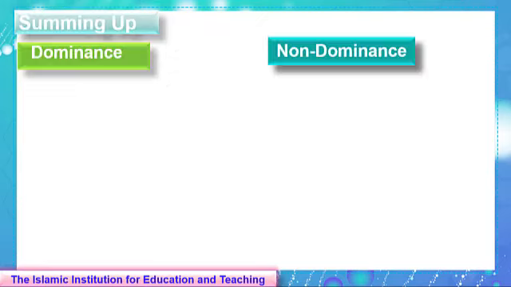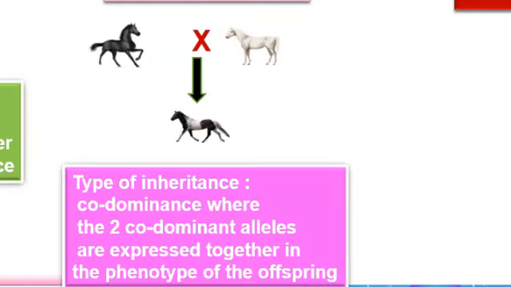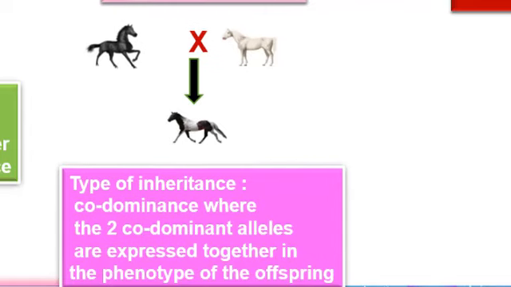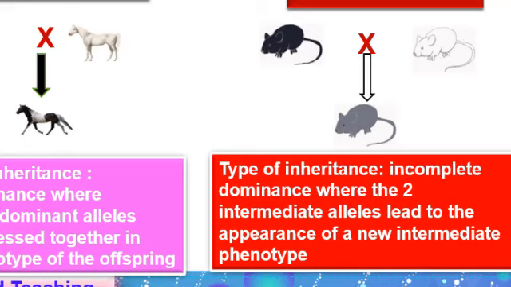In the case of dominance, one allele dominates the other allele and masks or hides its appearance. In the case of non-dominance, we have codominance and incomplete dominance. In the state of codominance, the two codominant alleles are expressed together in the phenotype of offspring. In the state of incomplete dominance, the two intermediate alleles lead to the appearance of a new intermediate phenotype.